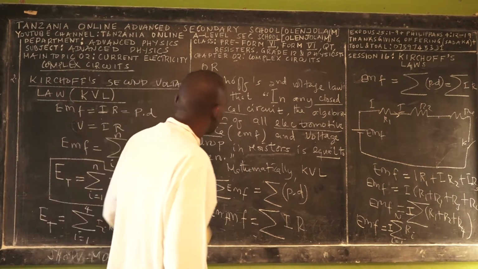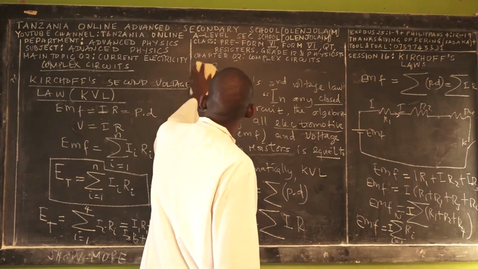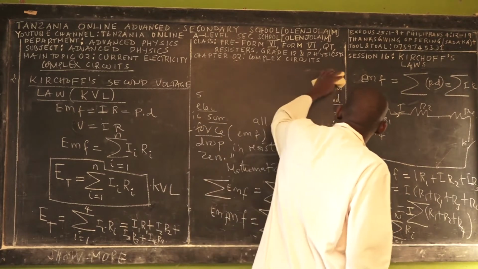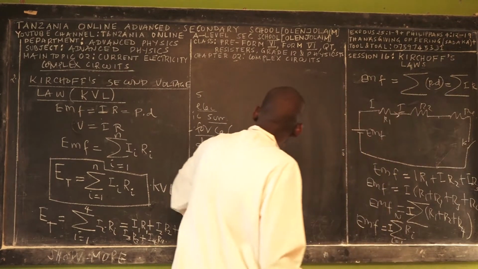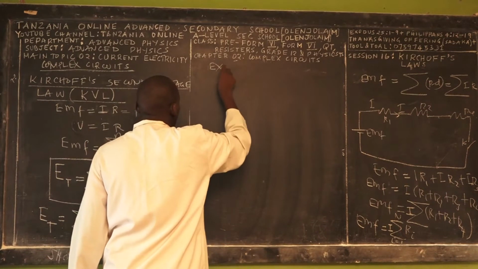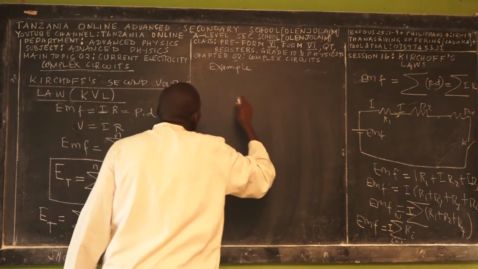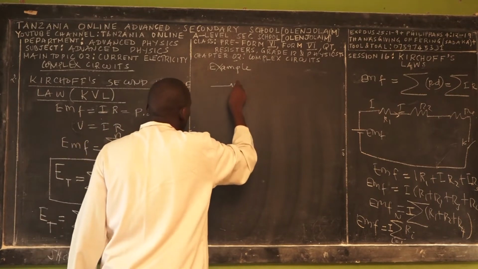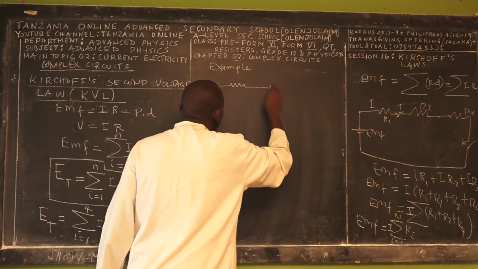So what does it mean? So for instance, okay, let me just show you the meaning of the closed circuit. For example, we want to deal with the circuit we had in the previous case.